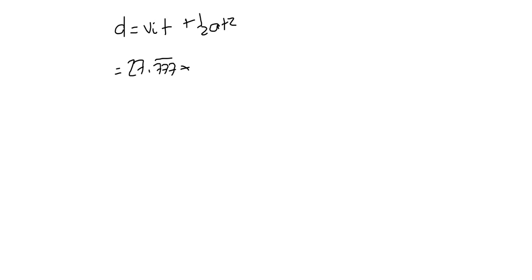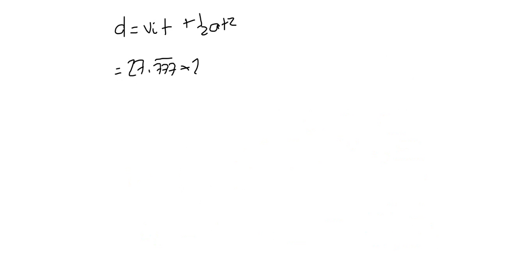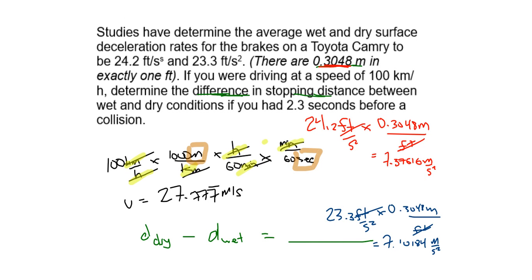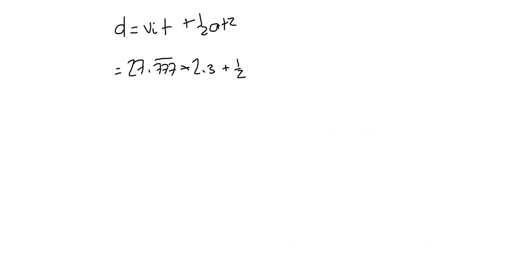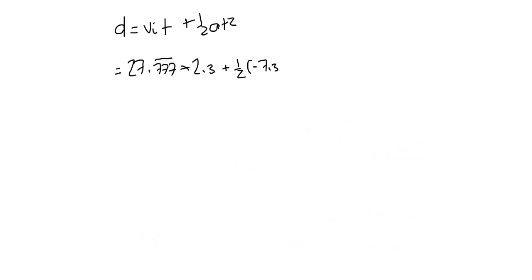And I'm going to multiply by my time, which was 2.3. Then I'm going to add 1/2 of a negative acceleration. So I'm going to use this one right here, the 7.37. I'm going to use the wet surface one. So we're going to multiply by negative 7.37616, and make sure you get the whole value.